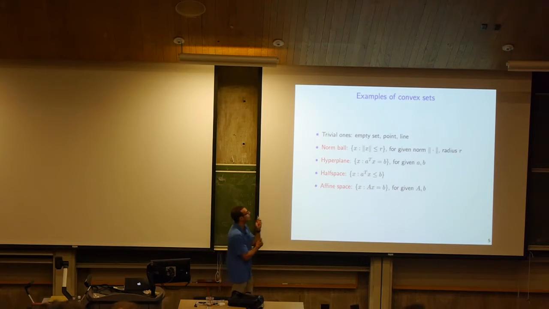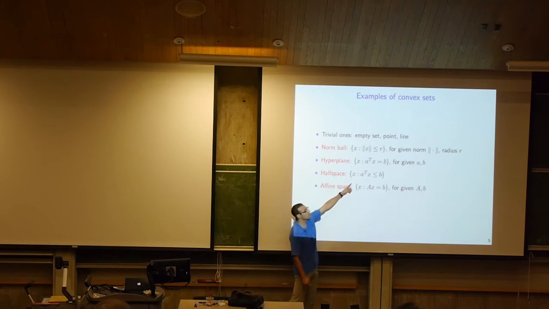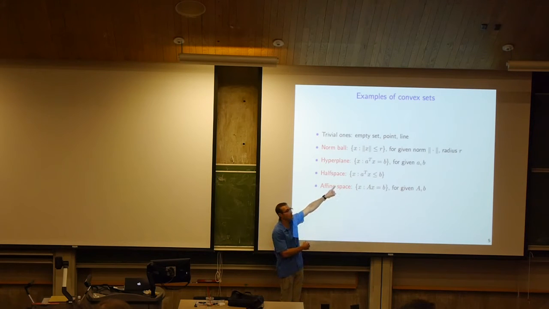It follows from the fact that norms satisfy the triangle inequality, and they have a property called positive homogeneity, which means the norm of a positive number times x is that number times the norm of x. Those two properties together show that the norm ball is convex. And if you think about just the L2 ball, that is definitely a convex set intuitively. Some other examples: a hyperplane is a convex set. This is the set of all x for which a single linear equation holds, A transpose x equals b. You can check directly from the definition that this one is convex. A half space is convex.